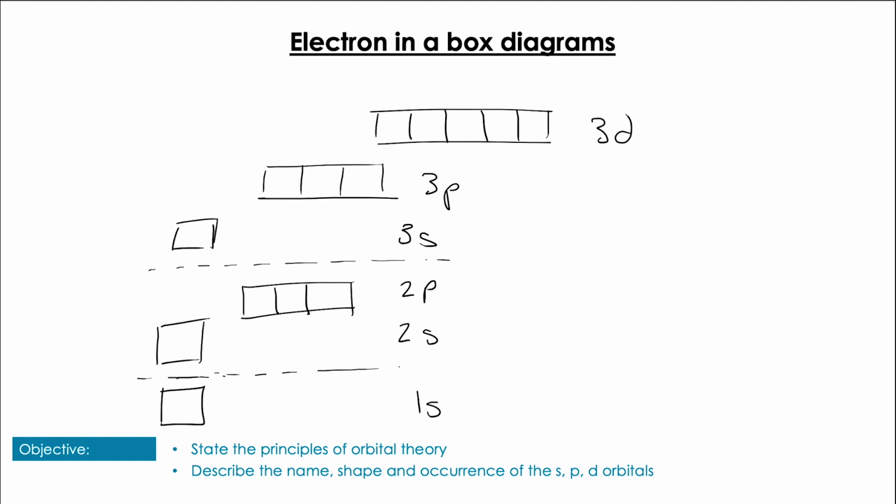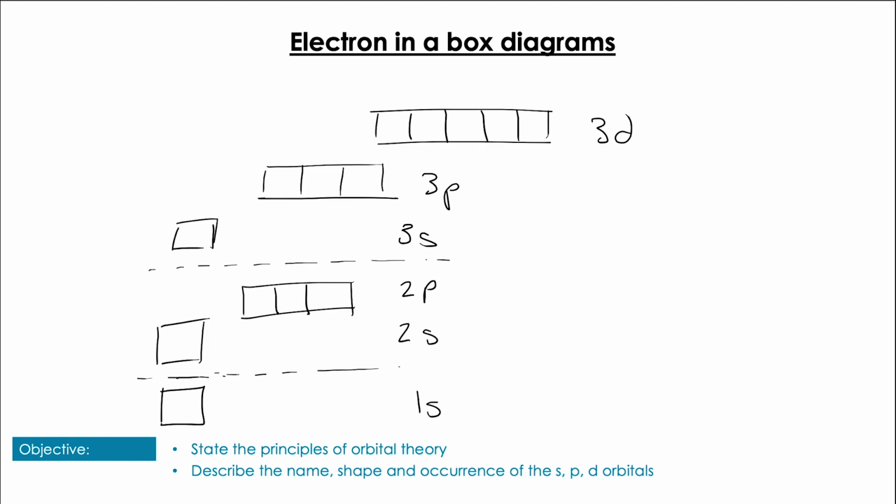These represent orbitals as boxes, which can each contain 2 oppositely spun electrons, and we group types of orbitals together. So you'll see here I've got the p orbitals together, I've got the d orbitals together, and the s orbitals together, and then they are grouped by energy level.